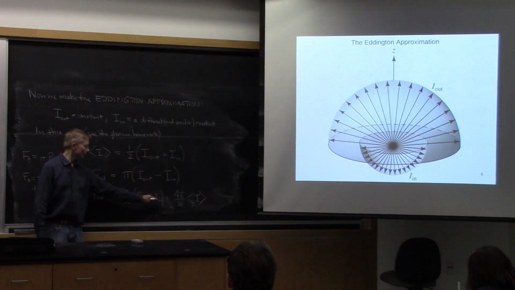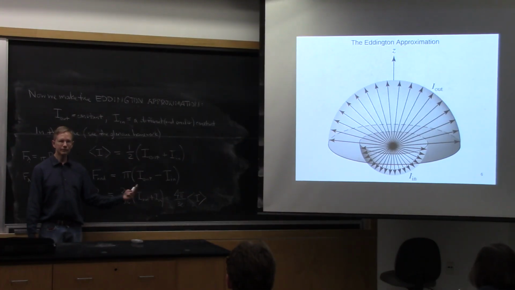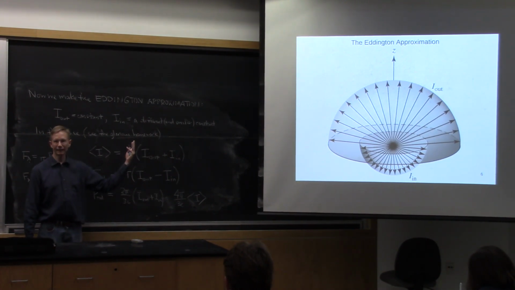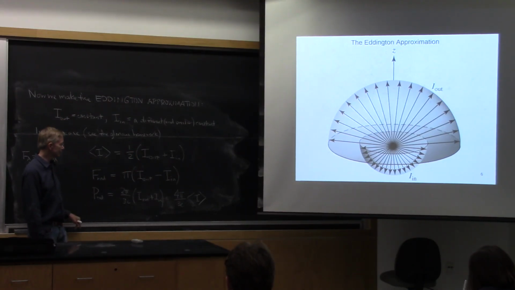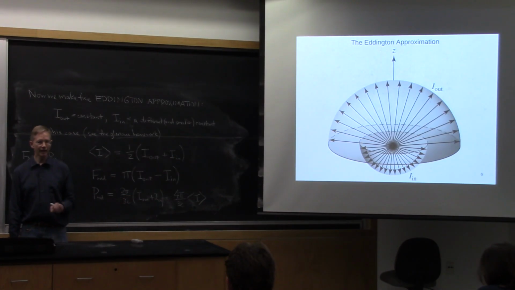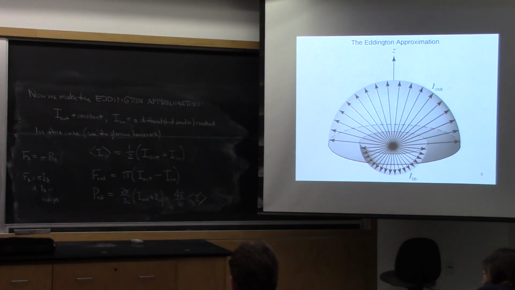If I out and I in were equal to one another, if it was isotropic, then indeed we'd have P rad as 4 pi over 3c times I in, which is what you get for an isotropic radiation field. But since there's an outward piece and an inward piece, each contributes 2 pi over 3c times that value. So that's what the radiation pressure looks like.